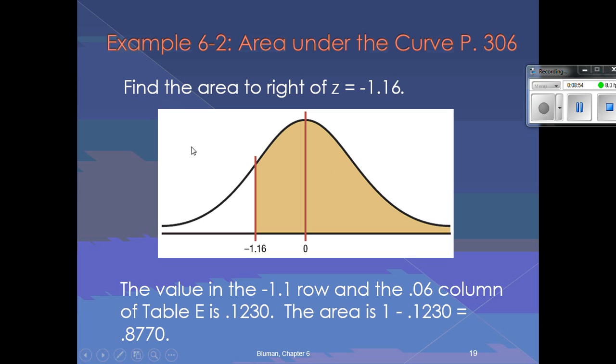But we're looking for the area to the right of it, so we're looking for all of this. So we do 1 minus that, because remember, the table gives us the area to the left. So 1 minus that gives us everything to the right.